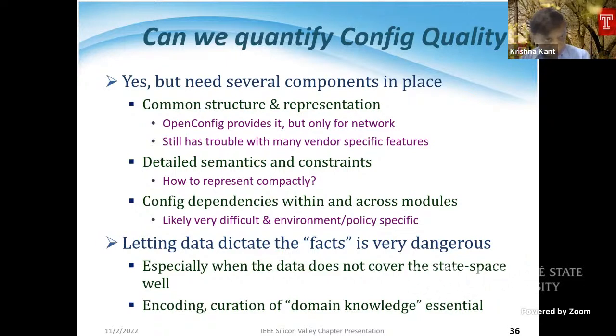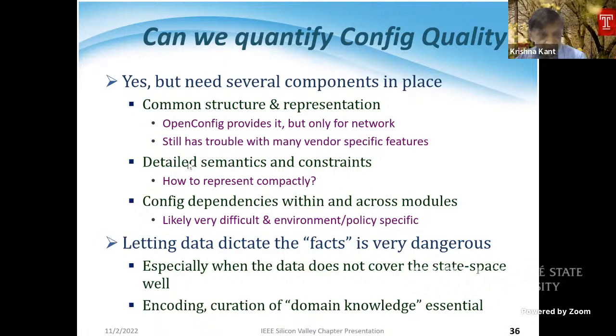Now, OpenConfig does provide that, but that's only good for the network. There is still trouble with the vendor-specific features, so there are issues with OpenConfig. And it is not available for other types of configuration. But there is hope in terms of having a standard way of specifying the configuration.